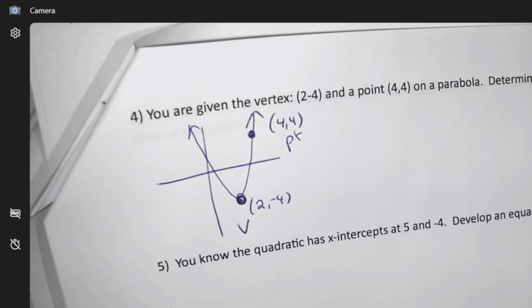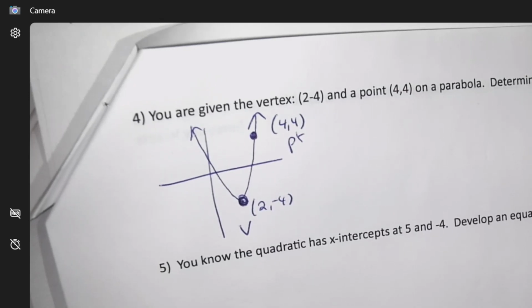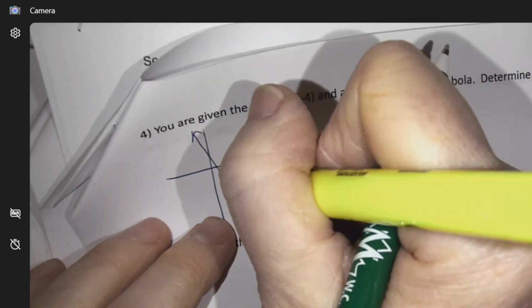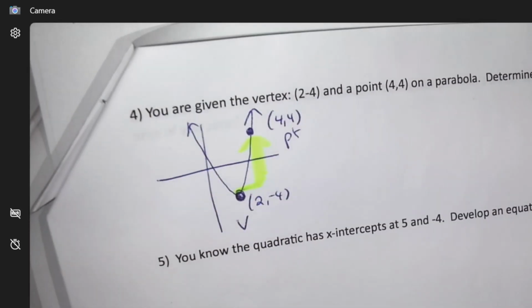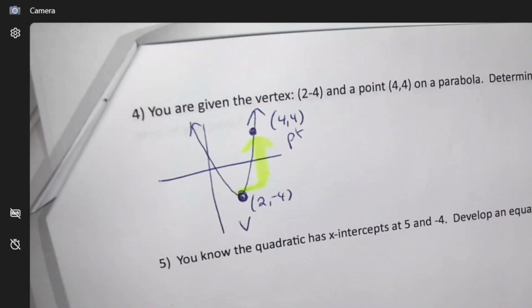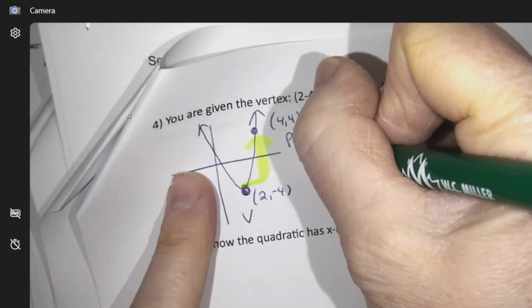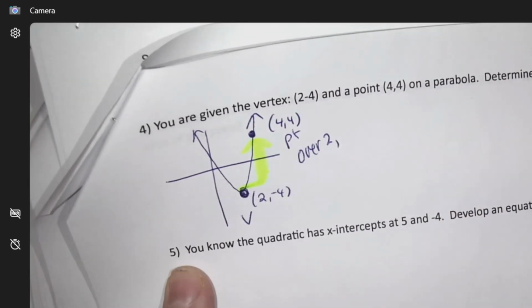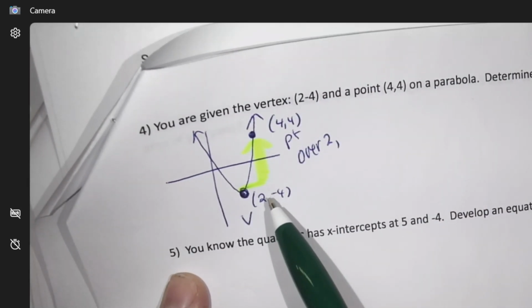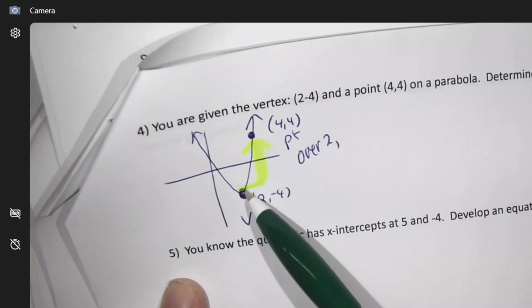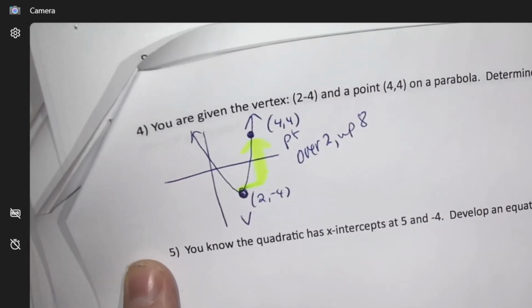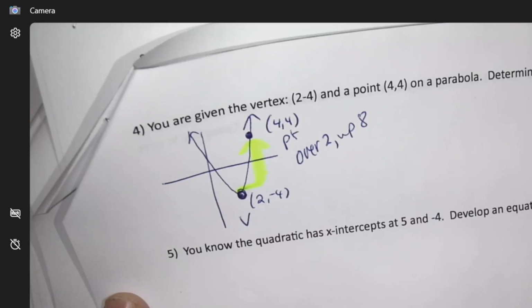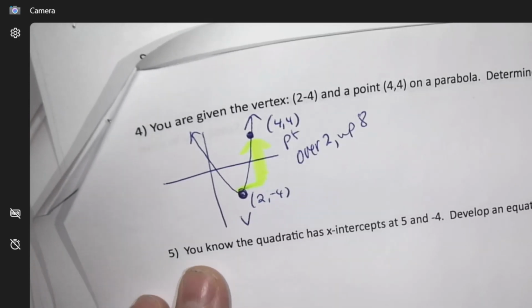Okay, so now I'm going to think about this. What have I done? How did I get there? So I would have had to go over 2. I'd have to move over to the right 2, and I'd have to go up 8. Right, that's how I got there.